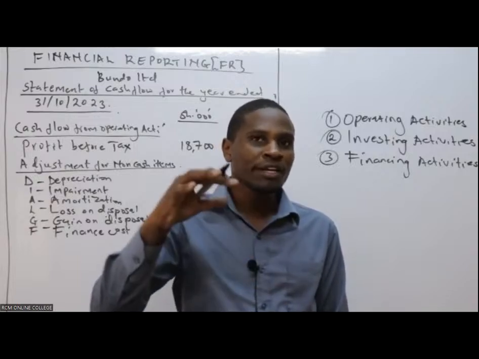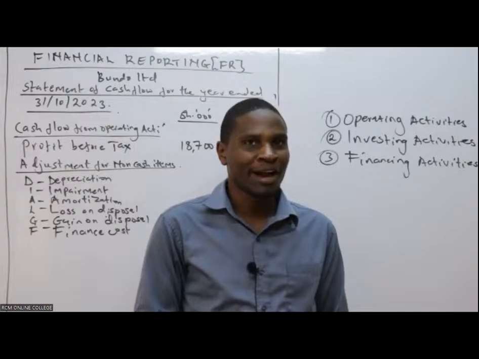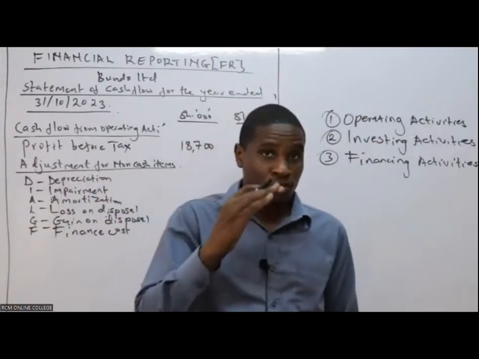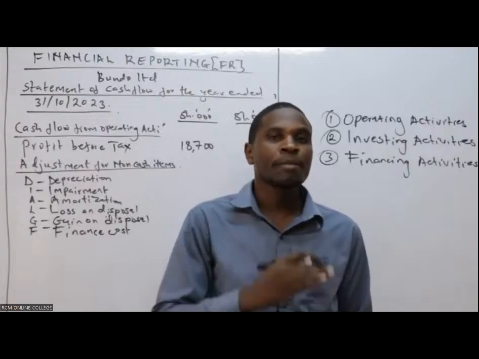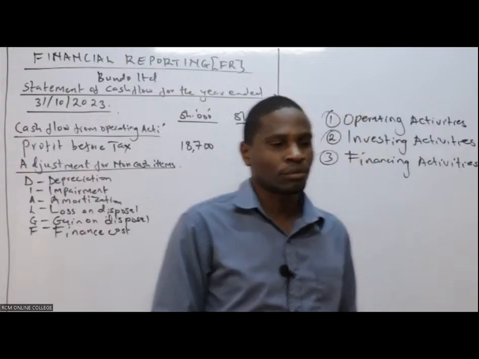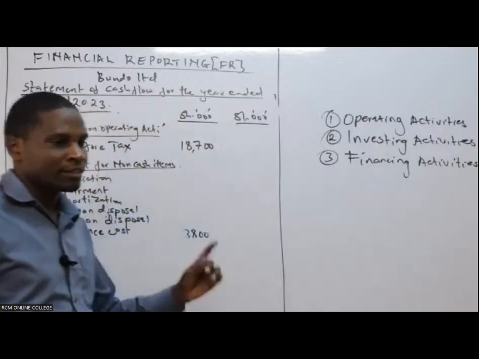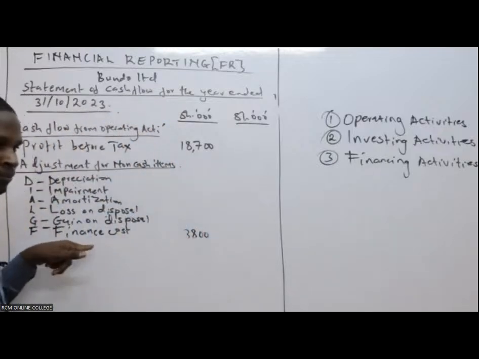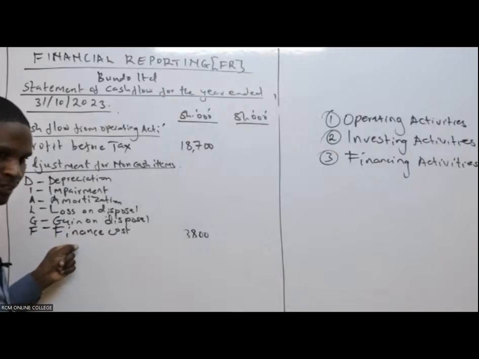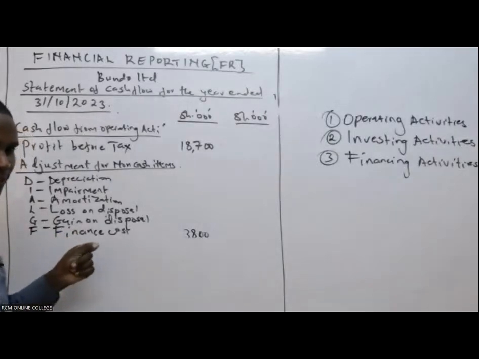Because there is no other direct item there, I cannot see any other direct item, I proceed with my journey. Who can tell me my next destination from here? What will be my next destination? It is changes in what?